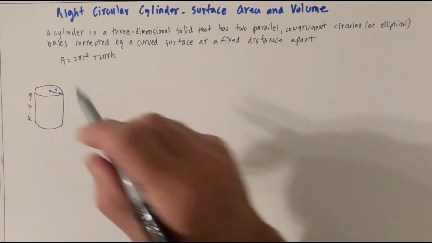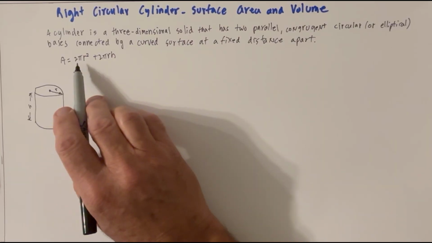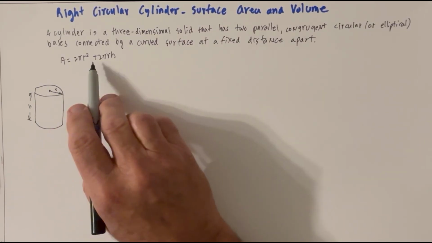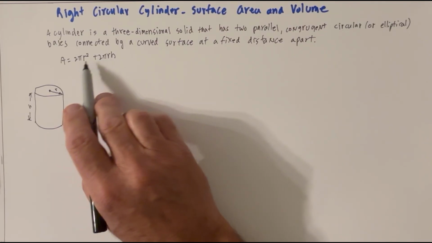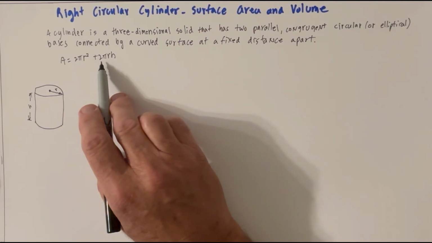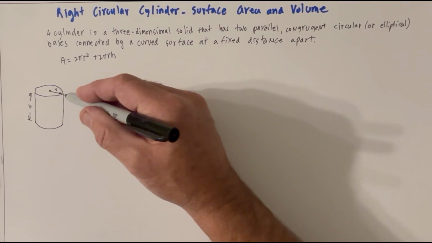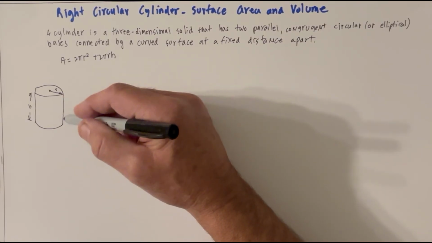So what this tells us on the surface area, 2 pi r squared, that's the area of the circular base, and we've got two of them, plus 2 pi RH. So that's going to be the surface area of the lateral surface here.